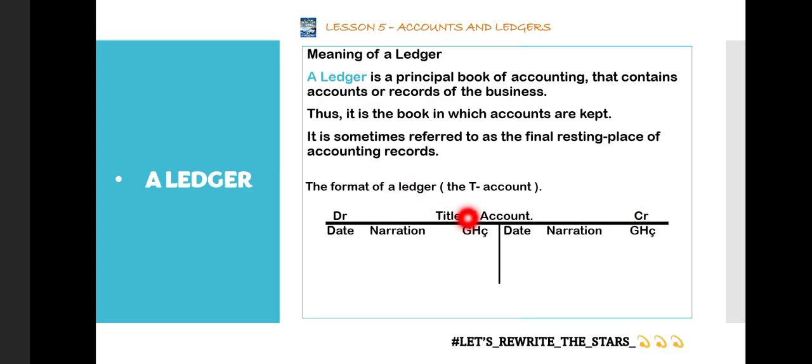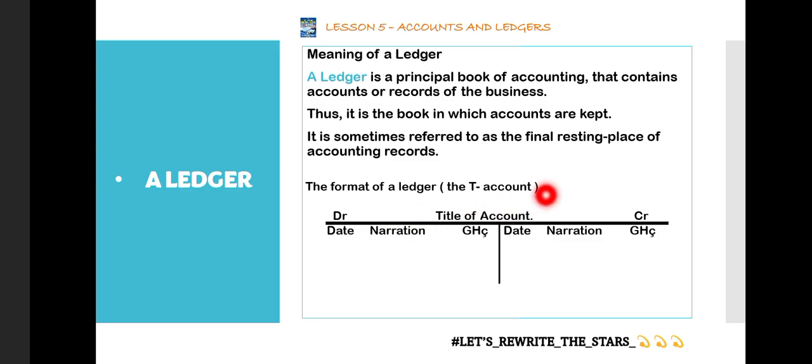So if you write on top here capital account, it is only transactions that have capital nature that would come here. It is only when the owner introduces money into the business that you can record here because it says capital account.